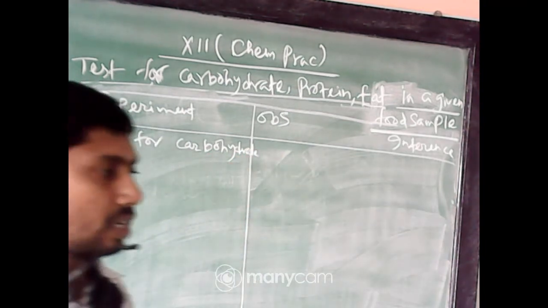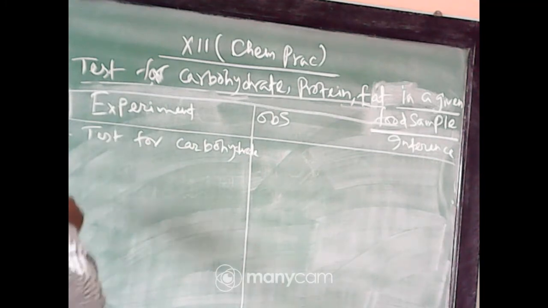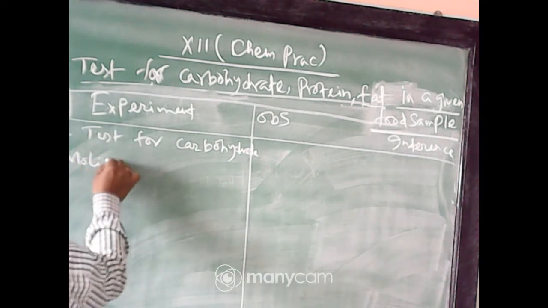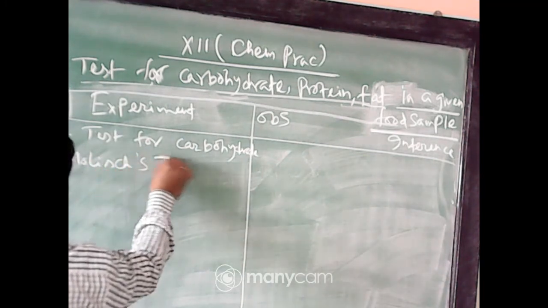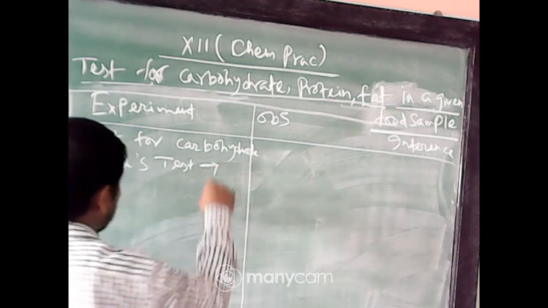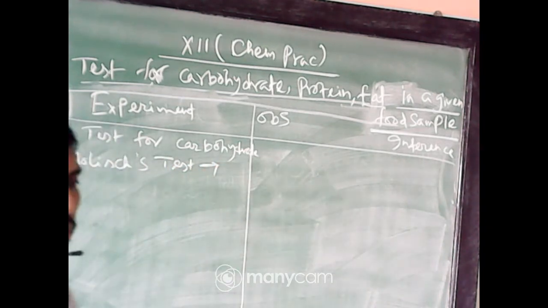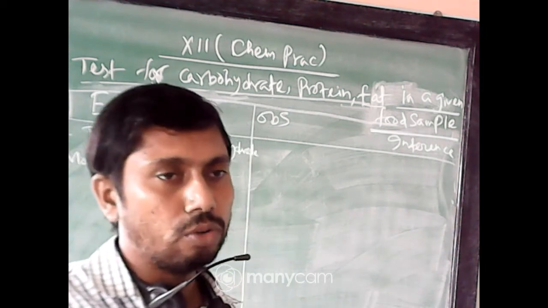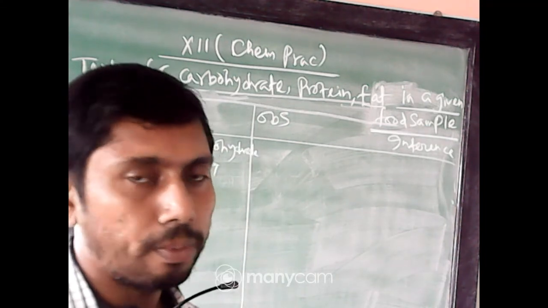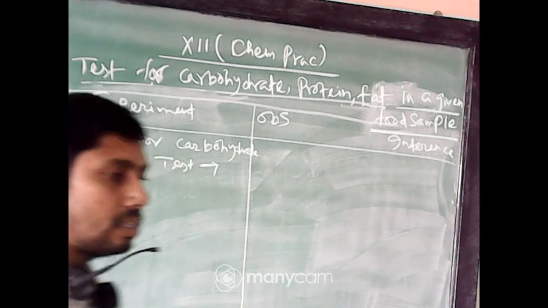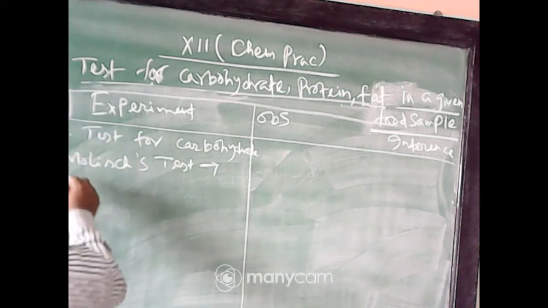The first test is called Molisch test, M-O-L-I-S-C-H. This is done by Molisch reagent. What is Molisch reagent? It is an alcoholic solution of alpha naphthol.